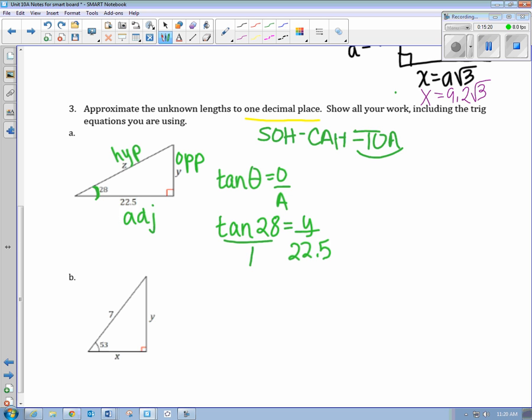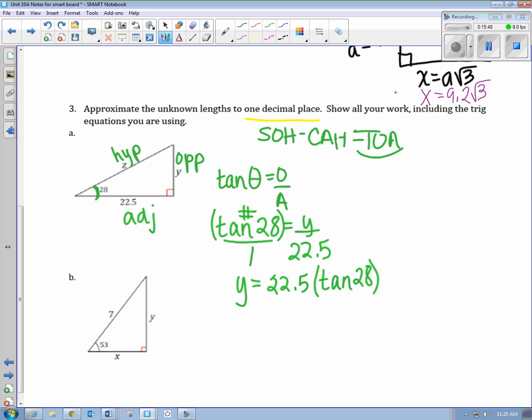When I go through and solve here, it's a proportion. I'm going to cross multiply. Tangent of 28, you need to make sure that you keep together. It's one number. So when I cross multiply, I am getting 22.5 times the tangent of 28. And when I type that 22.5 tangent 28 on my calculator, you can type the whole thing in.